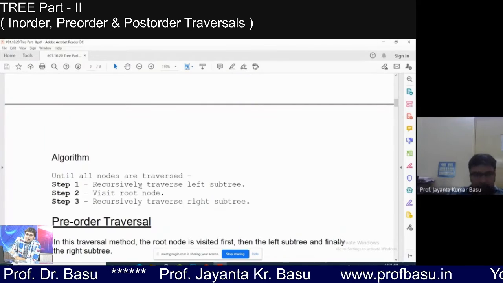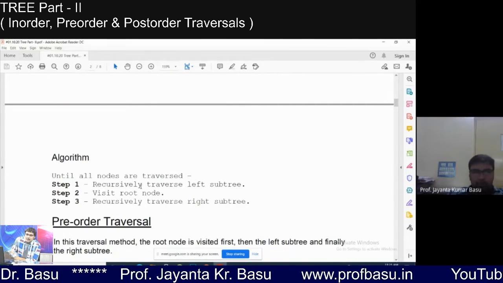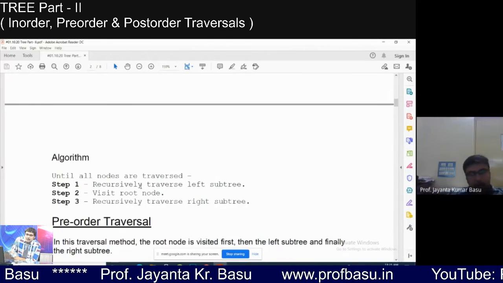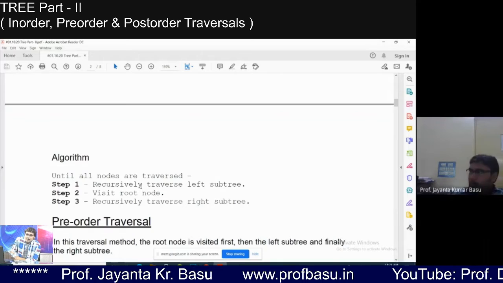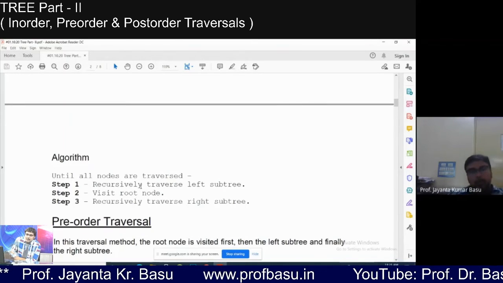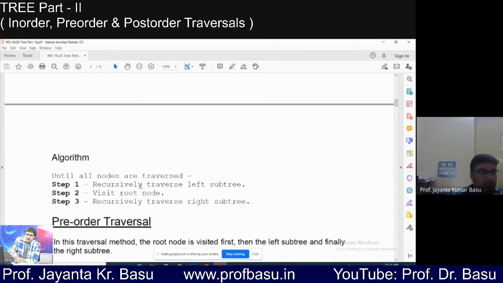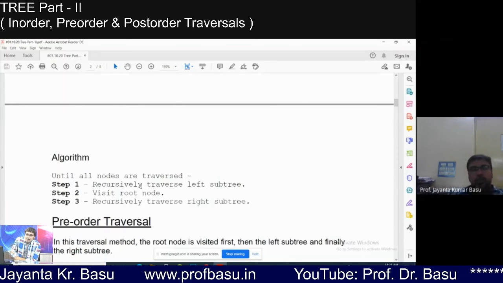Recursive is a special kind of function where a particular function will call itself, and definitely there must be a condition from where this calling will be stopped, otherwise the program will get an infinite loop. Fine.